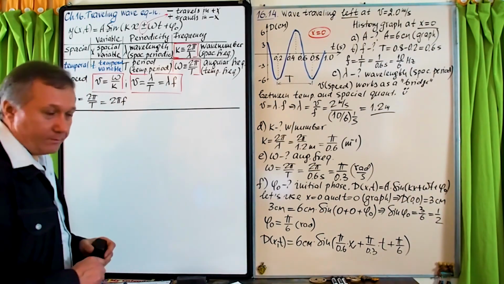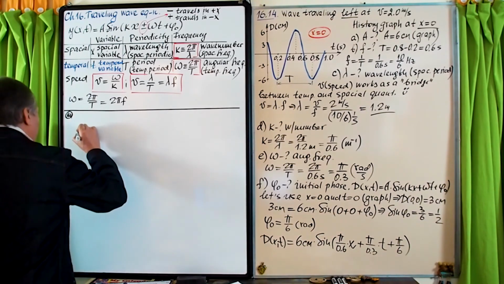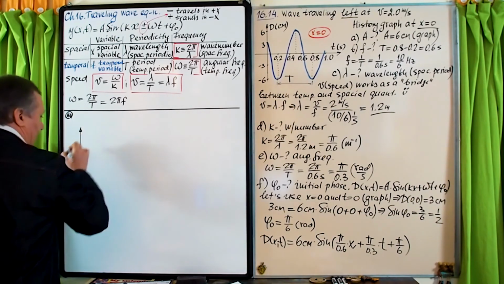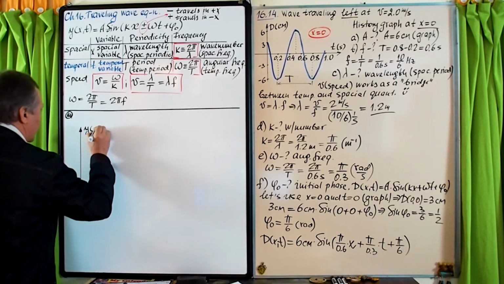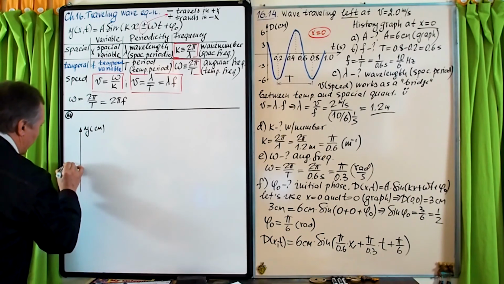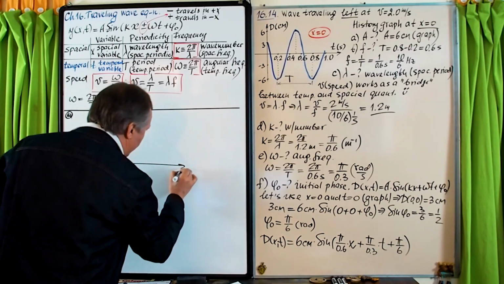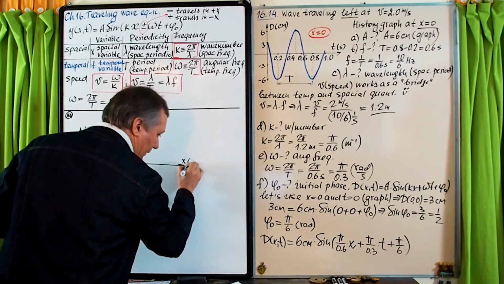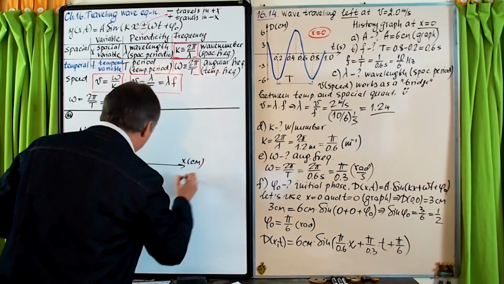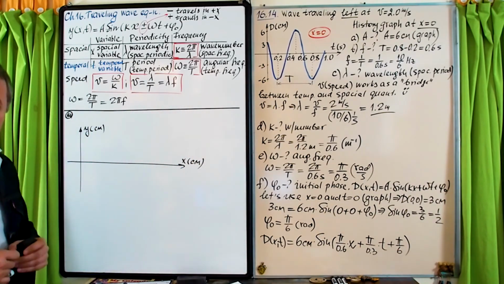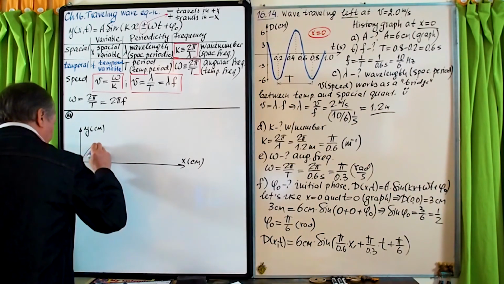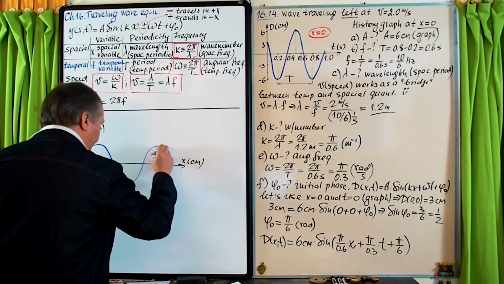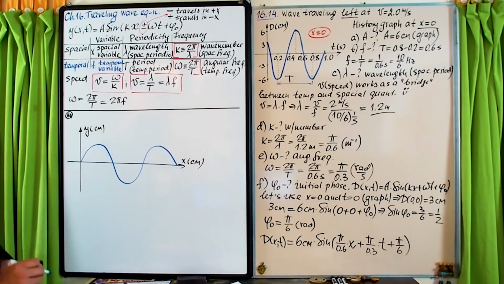The graph. So let's start with a graph. Let's say this is y in centimeters, and this is x in centimeters as well. And there's a plot. Okay, good enough.